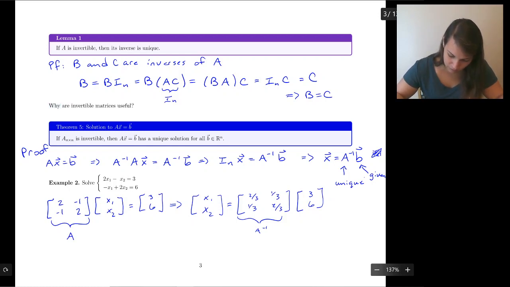So that means we've got x1, x2, and if we matrix multiply this out, that's going to be 2 plus 2, and then 1 plus 4.